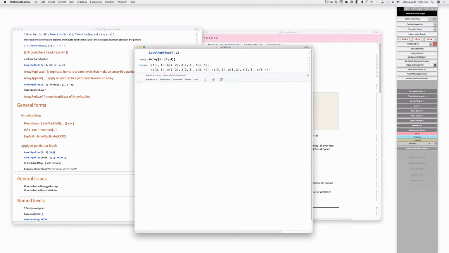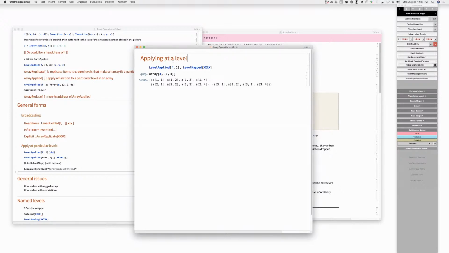Good point. Except that we have a family of things like curry applied and so on, so we have to think about how that works. Well, we could call it level mapped. Okay, so let's understand here. This is applying at a level.